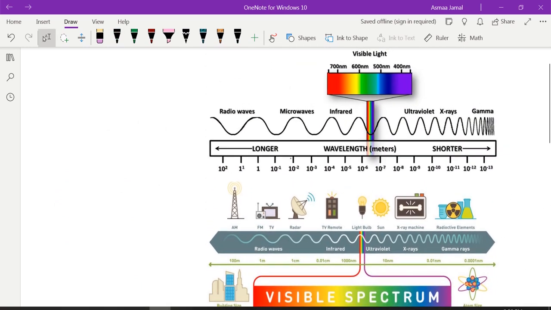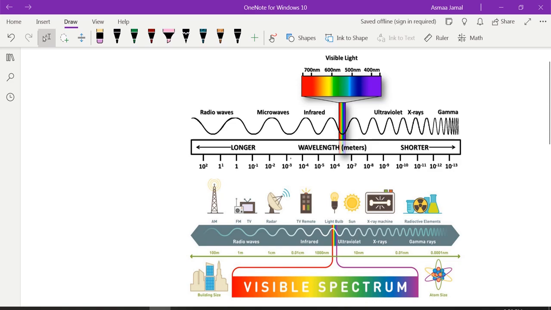If we see the picture, you'll notice that the visible light is a very small part of the electromagnetic waves. The wavelength that you can detect by your eyes extends from about 400 nanometer, which is the violet color. So violet is the short part of the visible light.